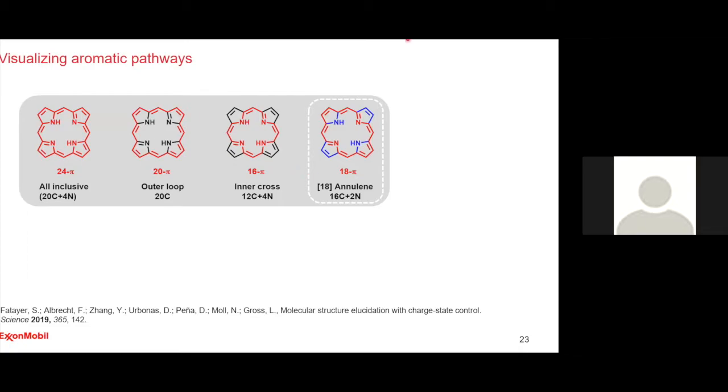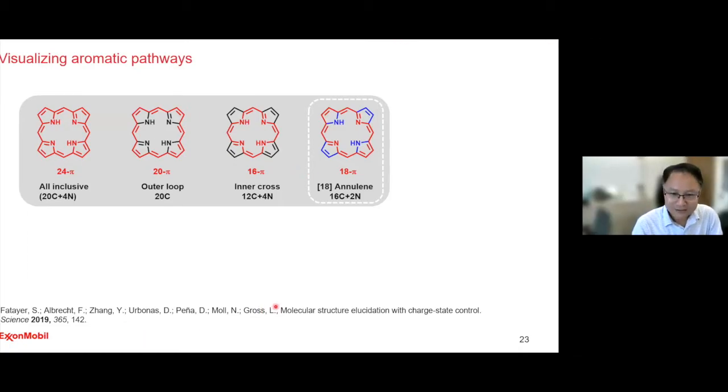This is another paper, done together with Leo Gross, published in Science last year. For porphyrin, there are a total of 24 pi electrons conjugated, including carbon and nitrogen. There could be different pathways. For over half a century, people hypothesized that the aromatic pathway in porphyrin is very peculiar.